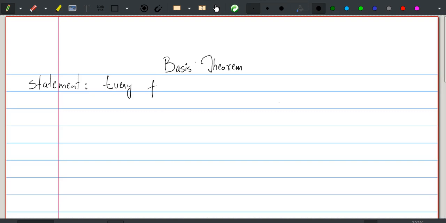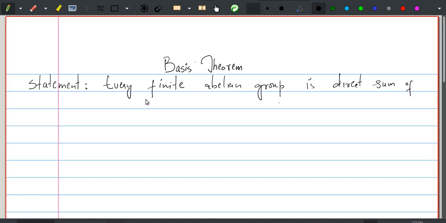So every finite abelian group is a direct sum of primary cyclic groups. So let us prove this theorem.